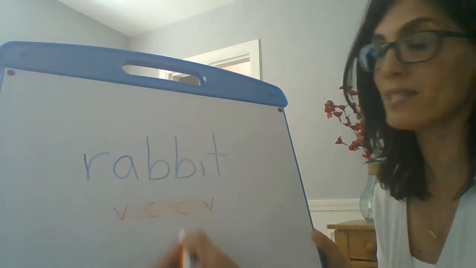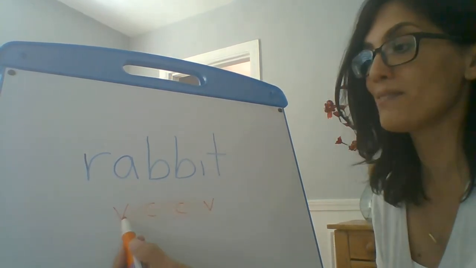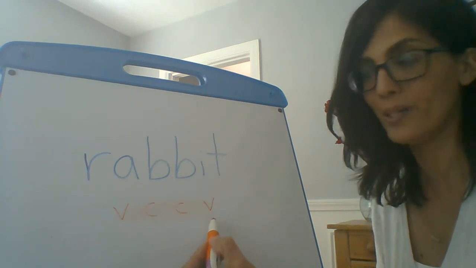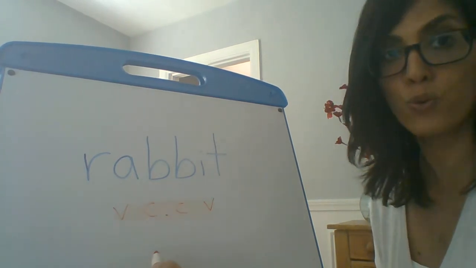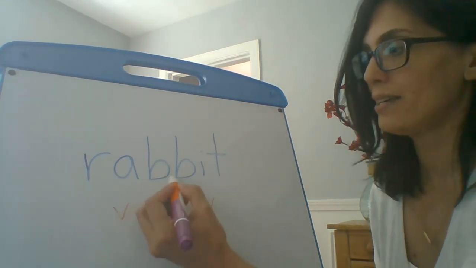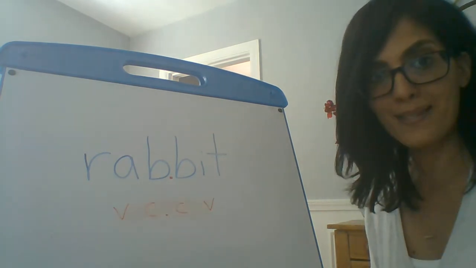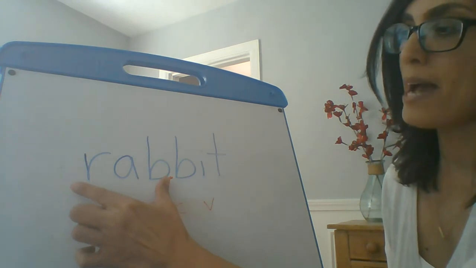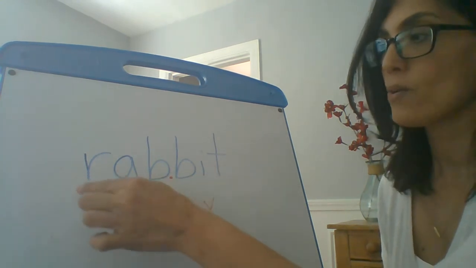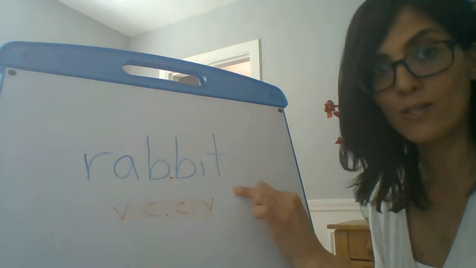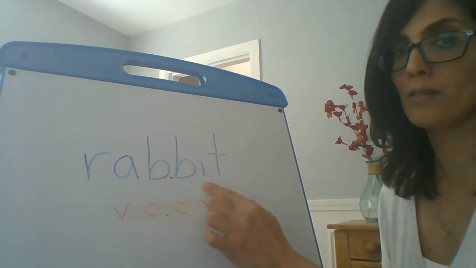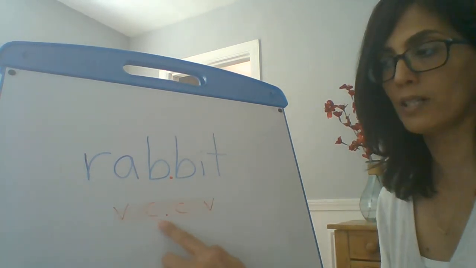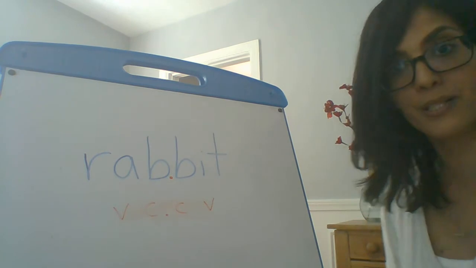I have two consonants in between. This is a vowel, consonant, consonant, vowel word. I'm going to break it between my consonants, between those two B's. And now watch how easy it is for me to read it. Rabbit, rabbit. I just broke this word into my two syllables by noticing the vowel, consonant, consonant, vowel pattern in the word.